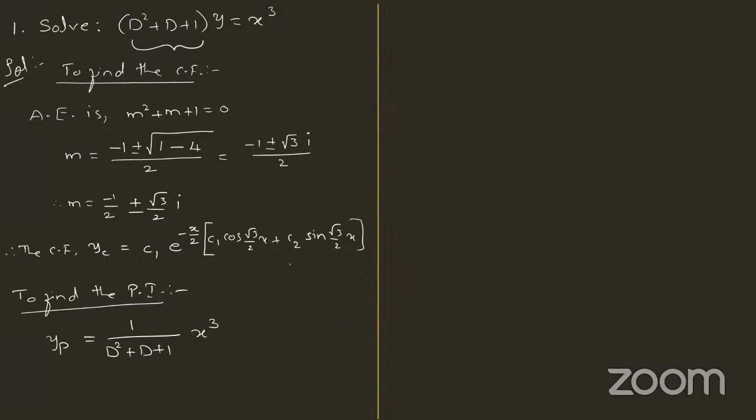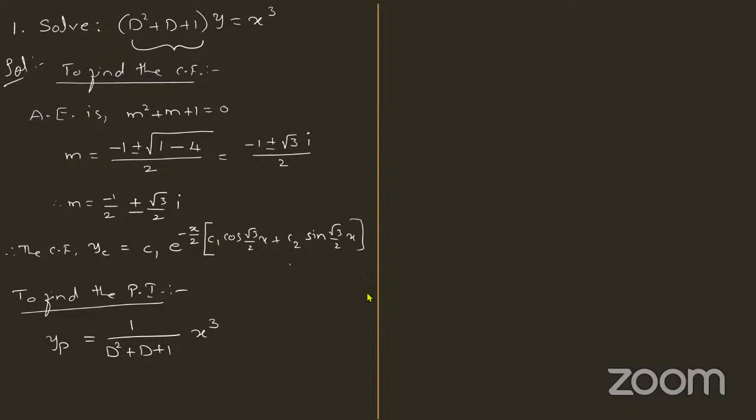Whenever it is x cube, as I said, you need to take the lowest degree term common from this denominator. In the denominator, the lowest degree term is 1 itself. If it is some other constant, you need to bring that constant out. But since it is only 1, I'm just rewriting it for my convenience.